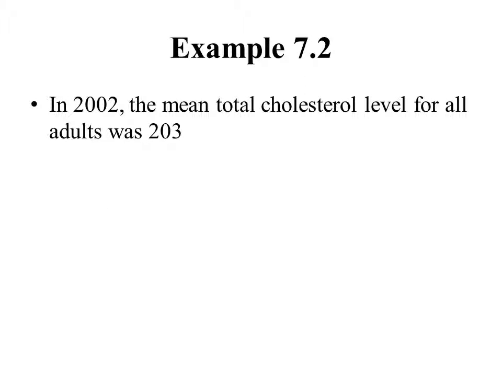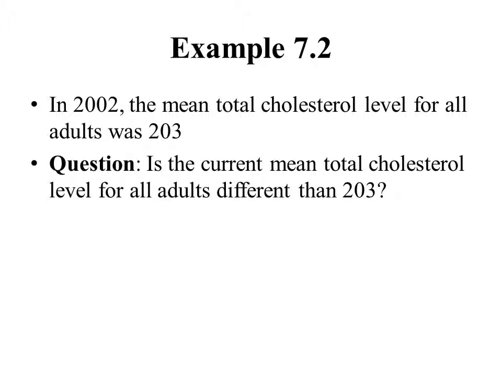Now let's do one last example here that's going to illustrate a two-tailed test. And so in this scenario, this is example 7.2 from the book. In 2002, the mean total cholesterol level for all adults was 203. Again, where this number of 203 comes from, we won't worry about. We'll just take this number for granted. Okay.